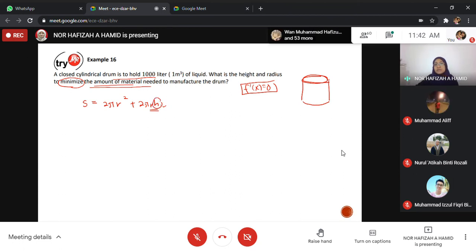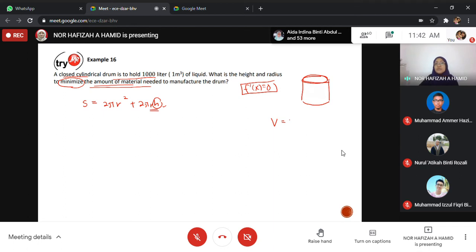So you nak remove H maknanya you kena ada lagi satu equation. Okay. So another equation you can refer to the first statement ni. Closed cylindrical drum is to hold 1000 liter. So you boleh derive equation for volume.